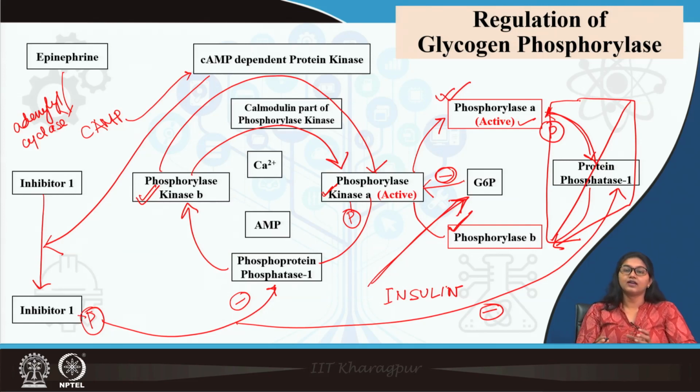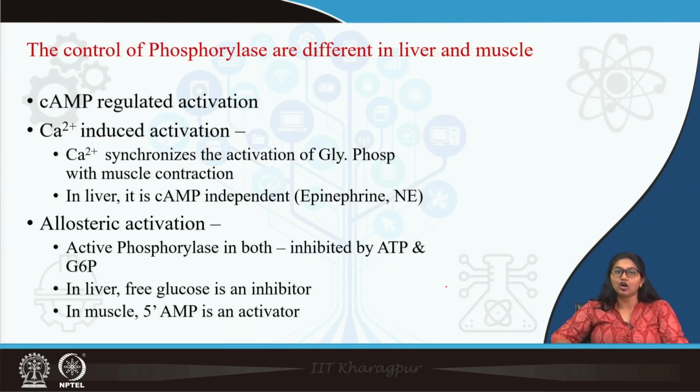So, this is regulation of glycogen phosphorylase by covalent modification, phosphorylation and dephosphorylation, activated by epinephrine following a cascade of enzyme activation, as well as a few allosteric activators and inhibitors. To jot down once again, the phosphorylase enzyme is regulated in liver and muscle, but by some different mechanisms.